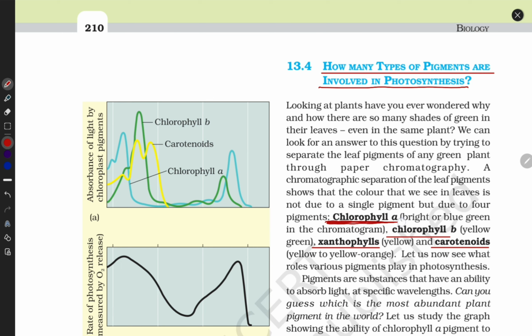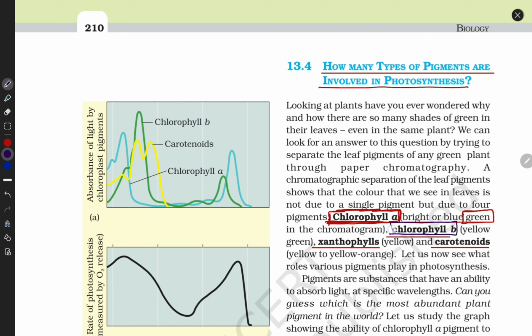Its appearance is bright or blue green. If we isolate chlorophyll A, it looks green in color, bright or blue green. Next is chlorophyll B.